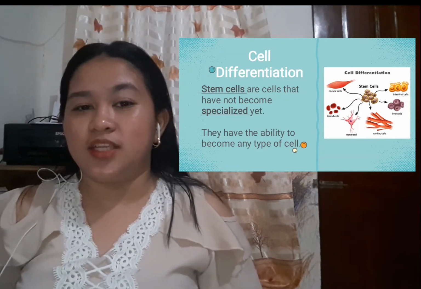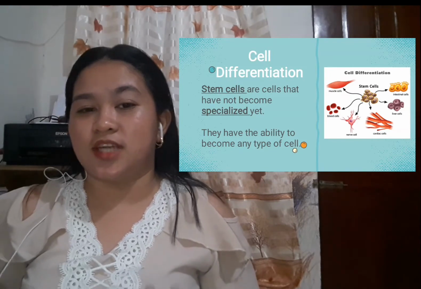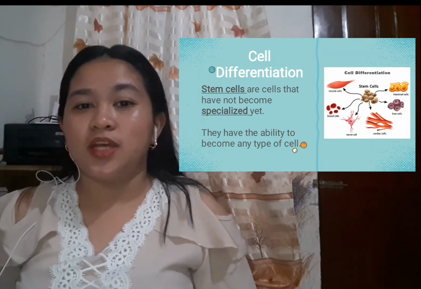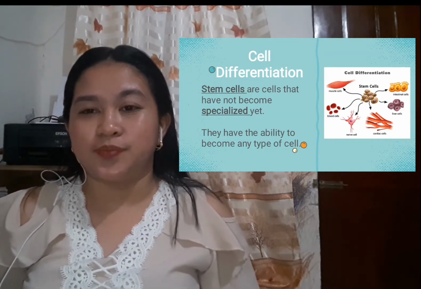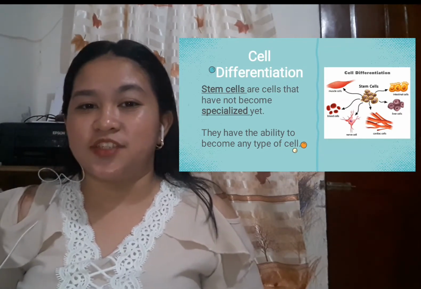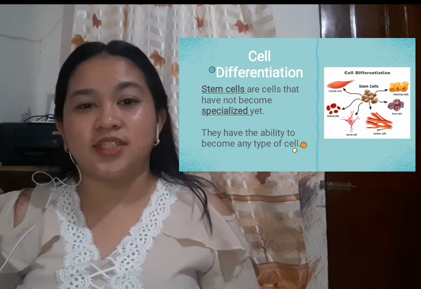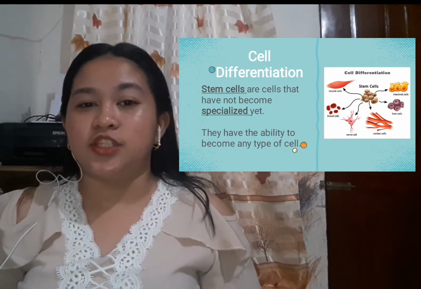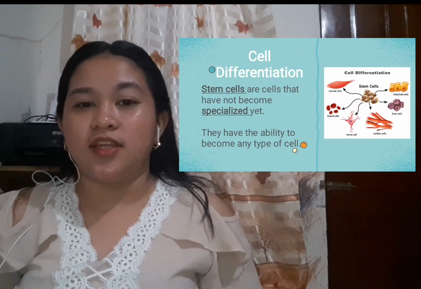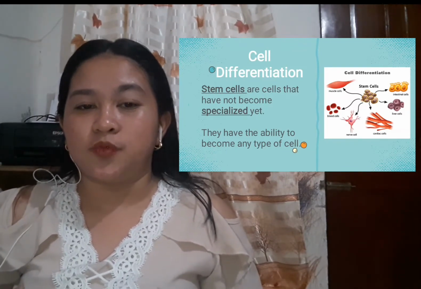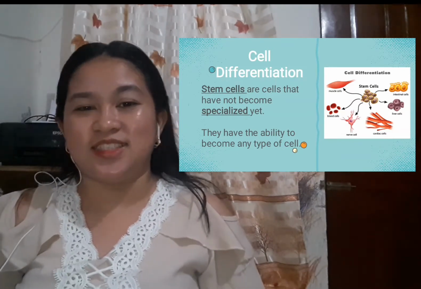That is why you hear a lot about stem cell research, and why that's such a promising field, if we can get these stem cells to divide and differentiate into anything that we want. It can also help when treating people with certain diseases.